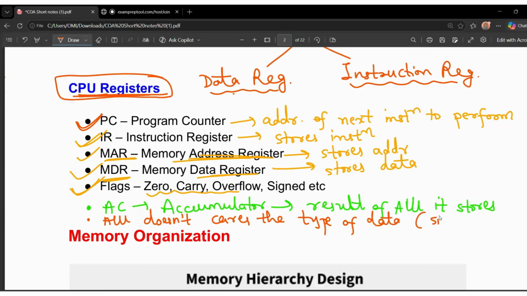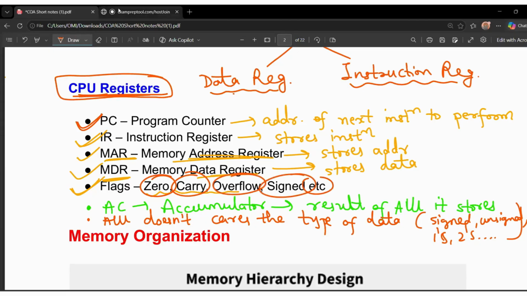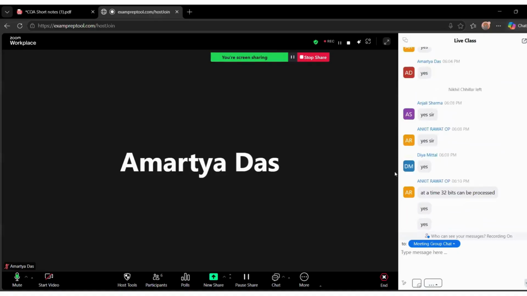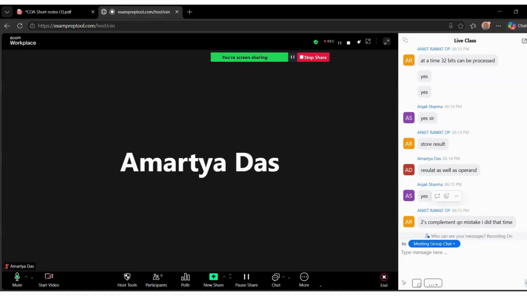Whether it is signed, unsigned, or represented in one's complement or two's complement, it doesn't care. The ALU only does the operation and sets all these flags. Yes or no? There are PYQs with this topic also.